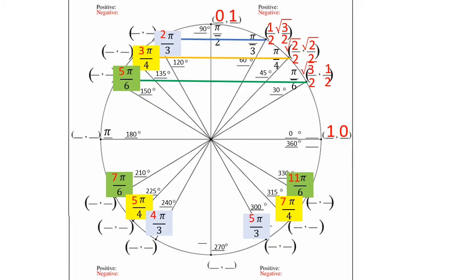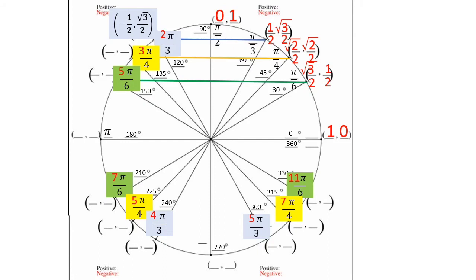So going across, if you look at the pi over 3, we get the same coordinates, 1/2 and root 3 over 2, except the x coordinate is negative because we are to the left of the y-axis. Now the y coordinate is still positive because we are above the x-axis.